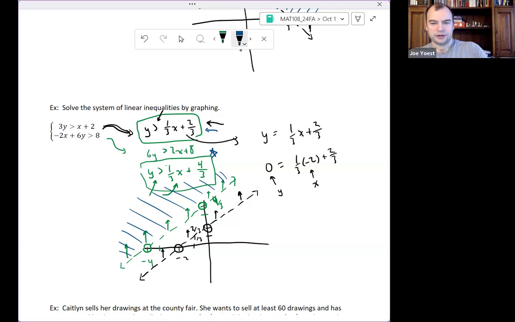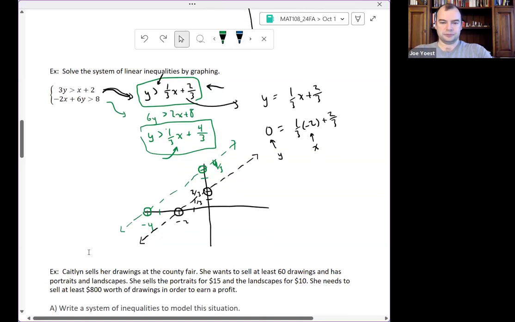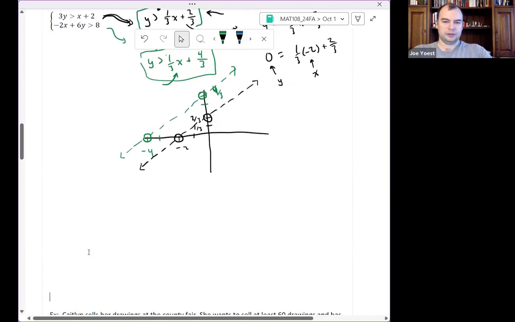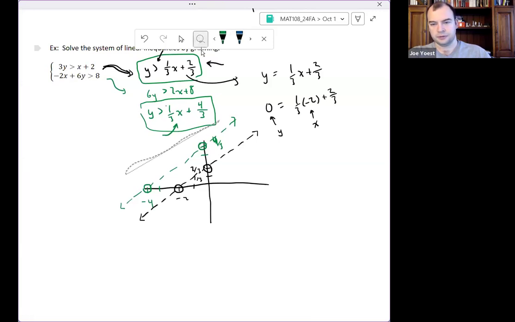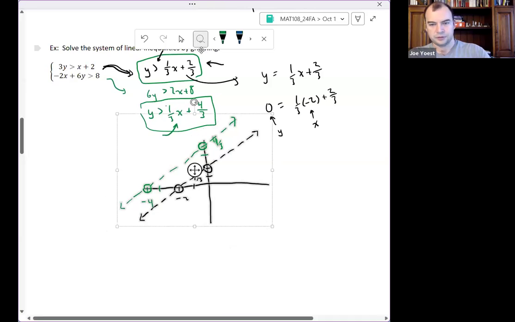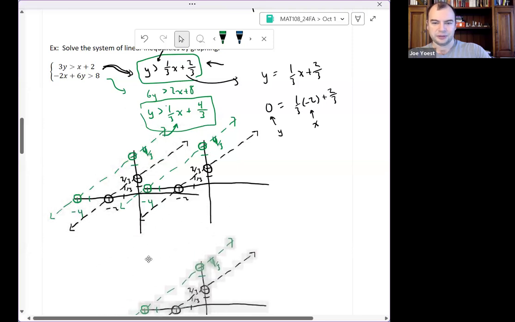Now note that I could have had, let me erase my arrows here. All right, let's hope that this copies correctly. Good.